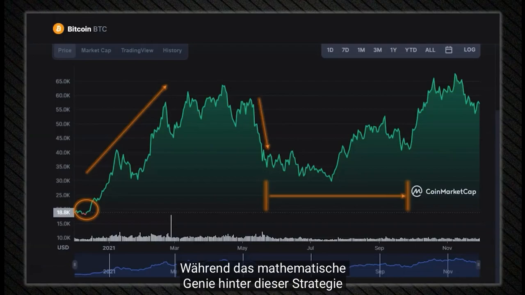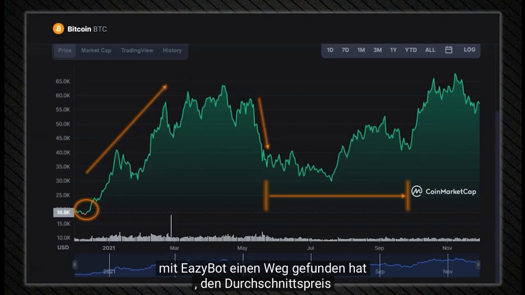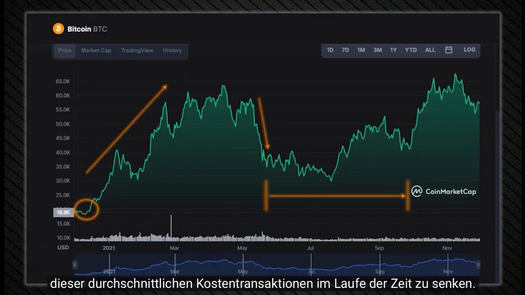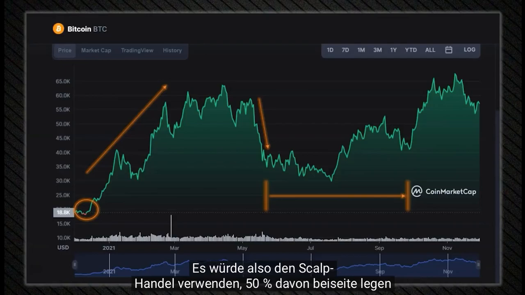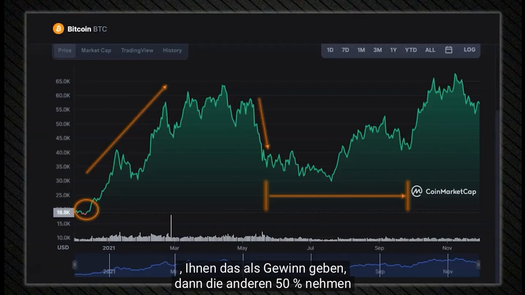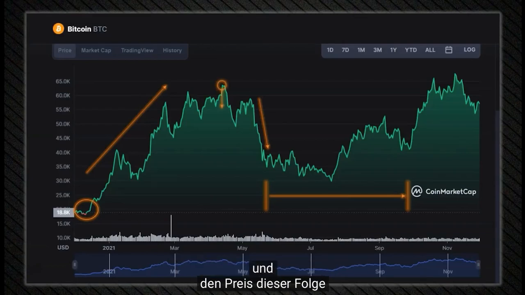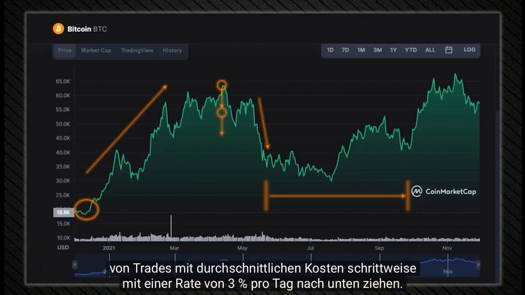Whereas the mathematical genius behind this strategy with Eazybot found a way to bring down the average price of those cost average trades over time. So it would use scalp trading, set aside 50% of it, give that to you as profit. Then it took the other 50% and gradually pulled down the price of that sequence of cost average trades at a rate of 3% per day.